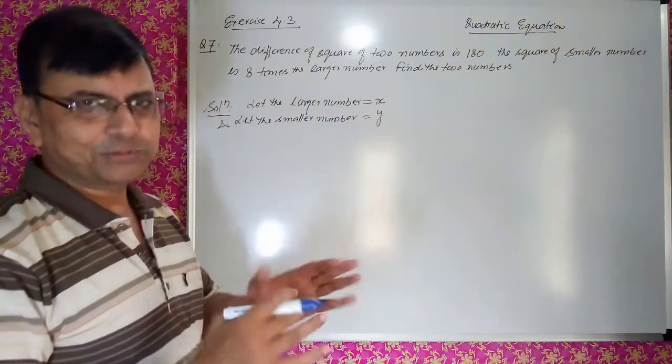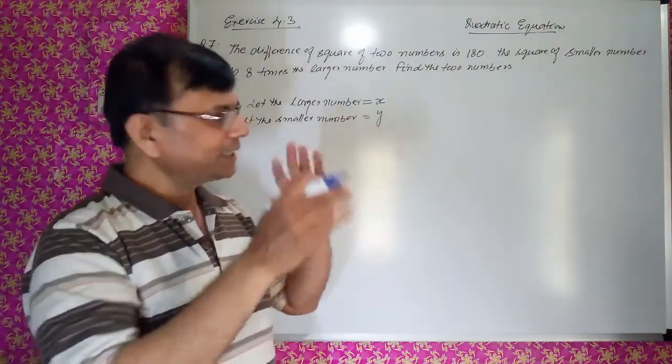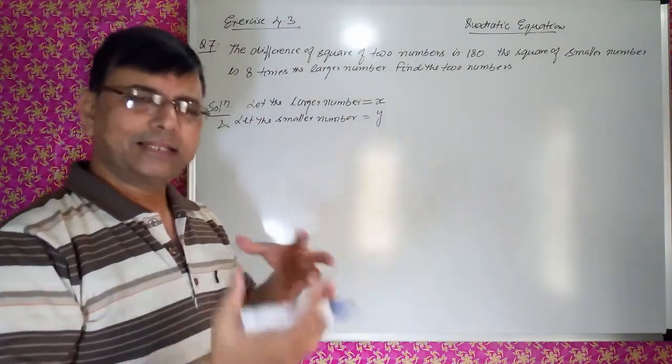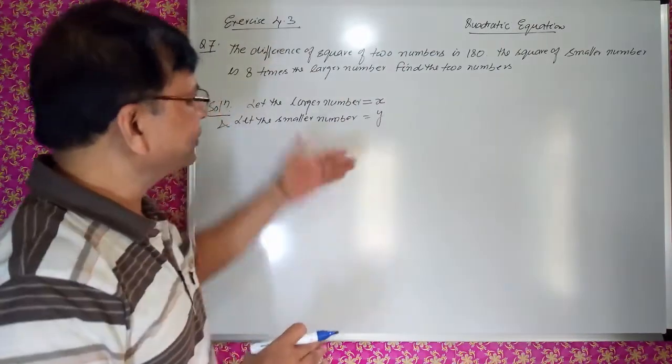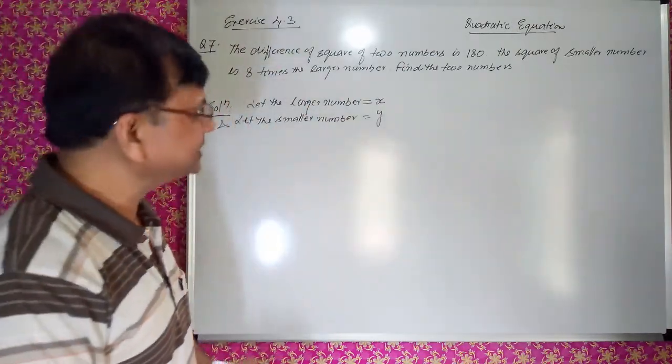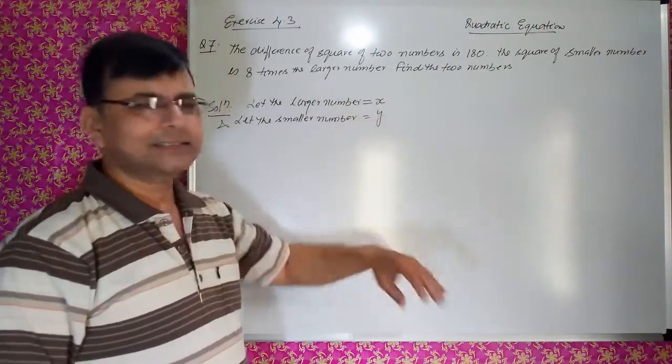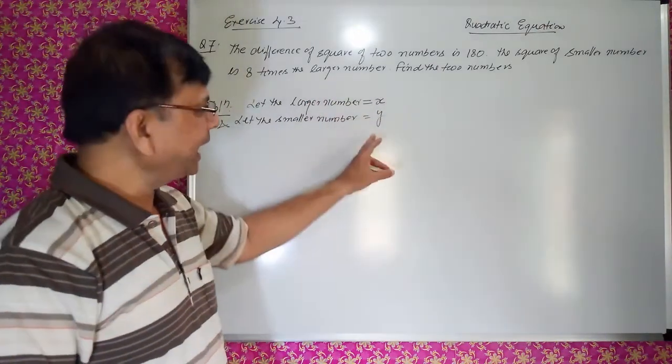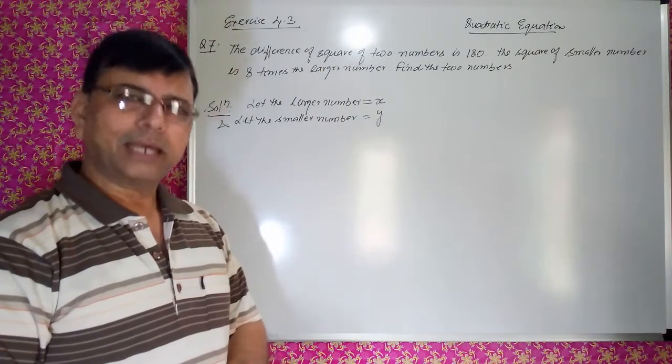Two different numbers I have selected, one larger, one smaller, so that formation of equations will be easier. Then we will bring only one variable, because conditions are given in that accordance. So one number I have selected as x, another number is y. y is smaller than x.